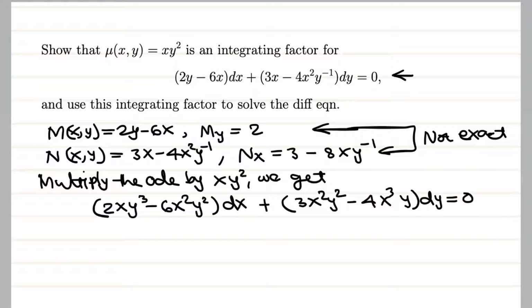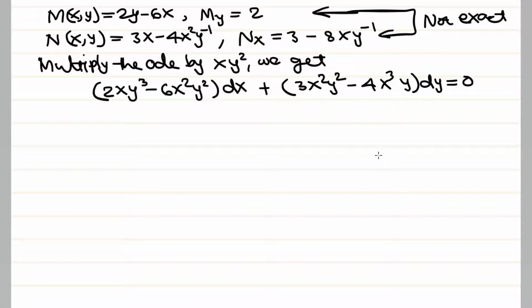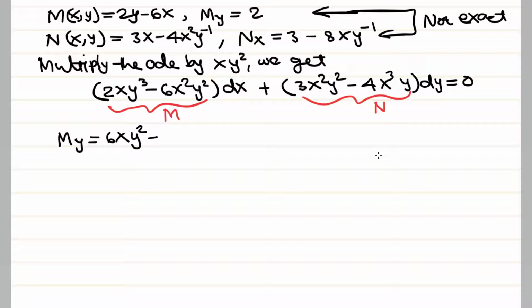We do the same type of work, but now our M is updated. Our M is different. This is our M as a function of x and y, and this is our N. The partial derivative of M with respect to y: y cubed gives 3y squared, 3 times 2, 6x y squared, minus, with respect to y, y squared gives 2y, 2 times 6, 12 x squared y.